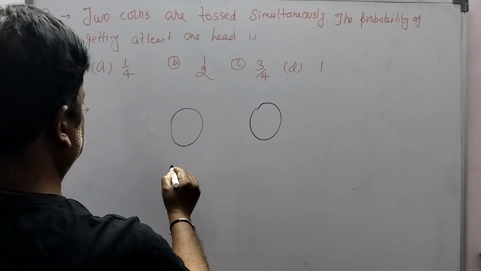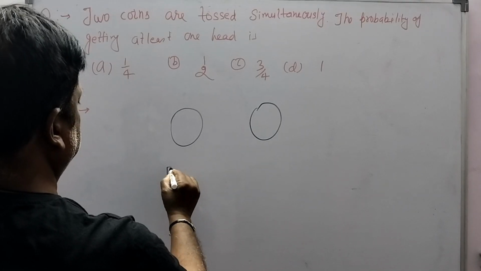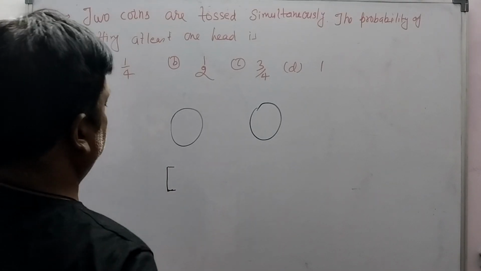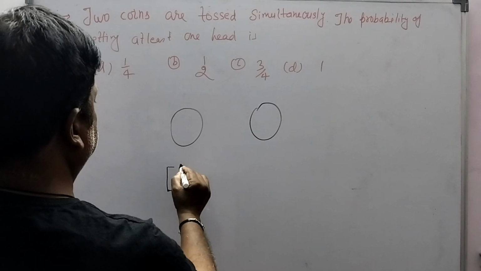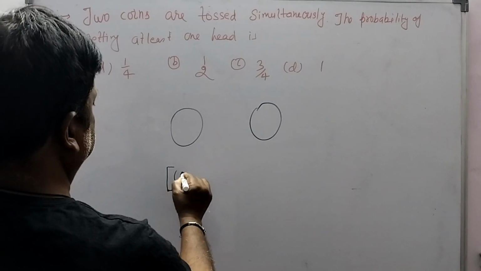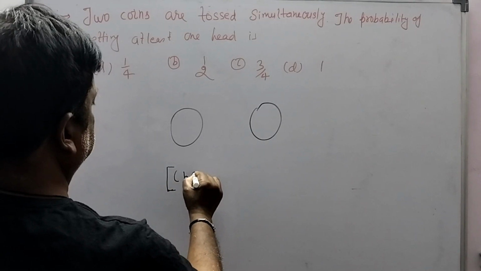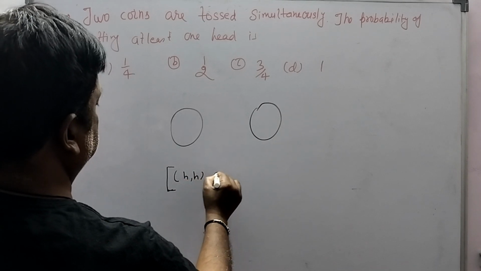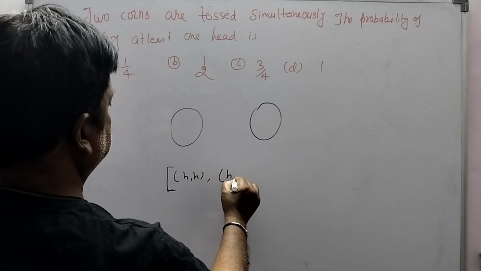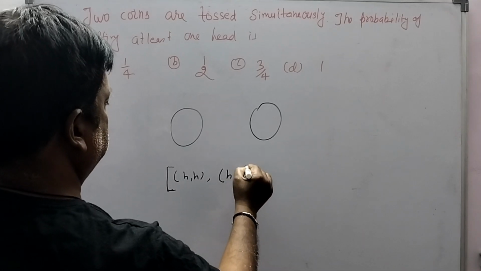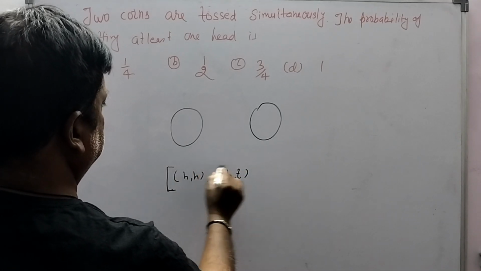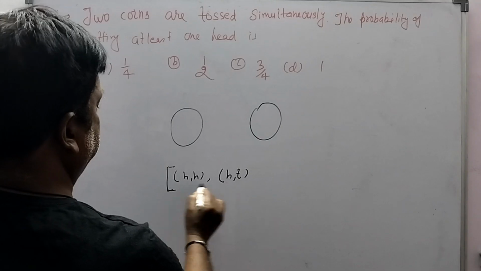First, total outcomes, how much? Suppose first coin getting head, second coin also getting head. First coin getting head, second coin tails. This is one toss.